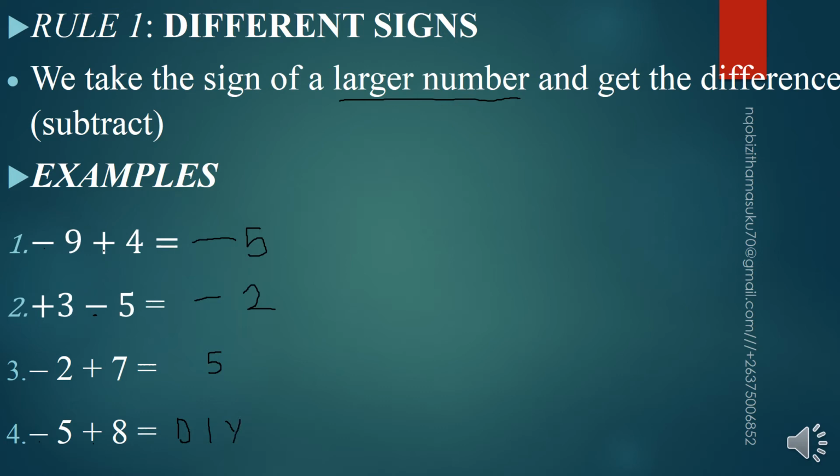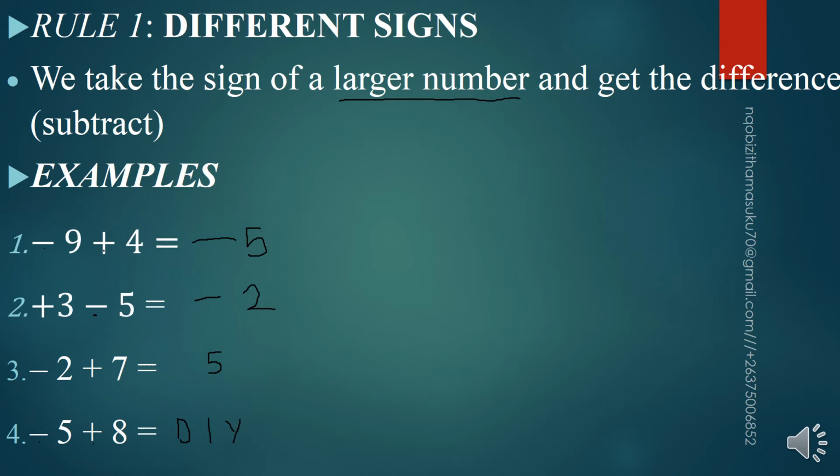It's DIY, your practice question. That's all about rule number one. When we are dealing with different signs, the rule is simple: we take the sign of the larger number and get the difference. That's all about directed numbers.